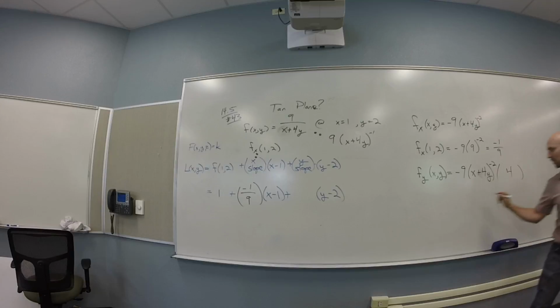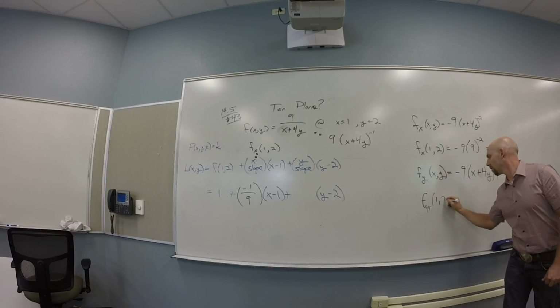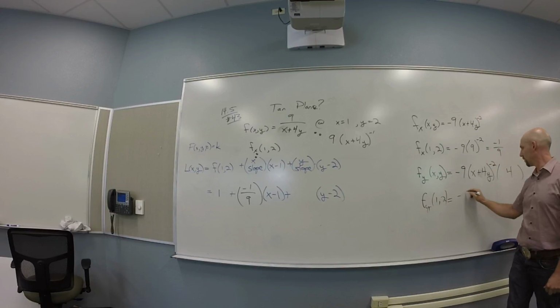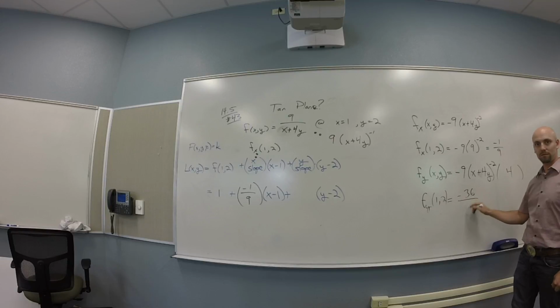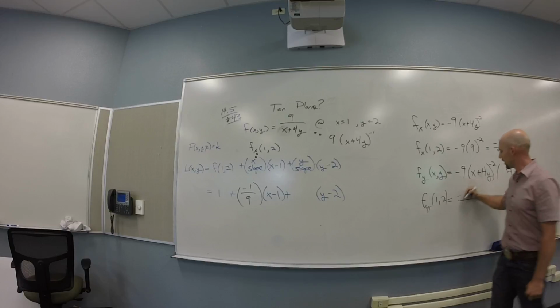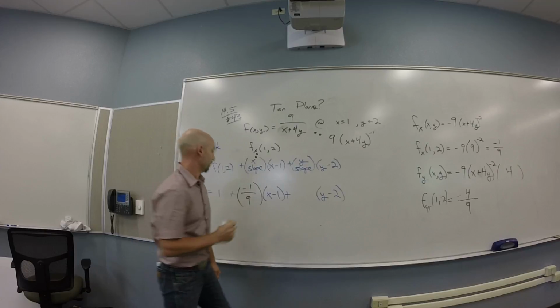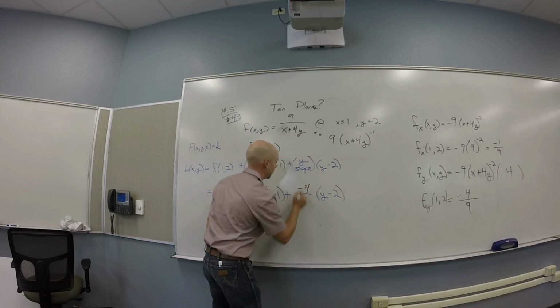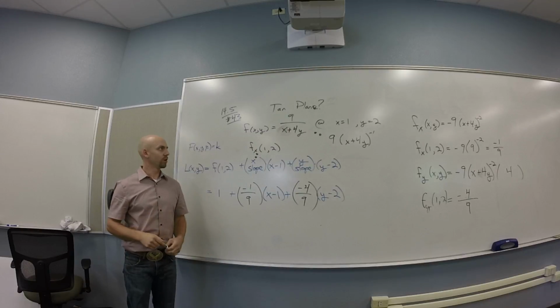And so when I evaluate fy at 1, 2, I get negative 36 over 81, which is negative 4 over 9. We already know one of the 9s is going to cancel. Check. Cool.